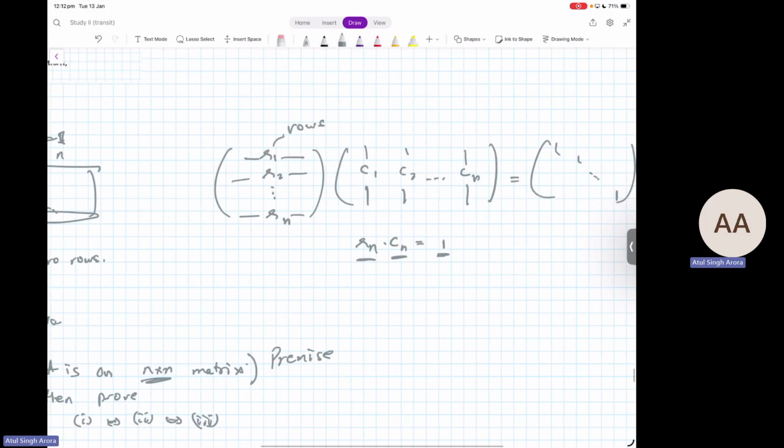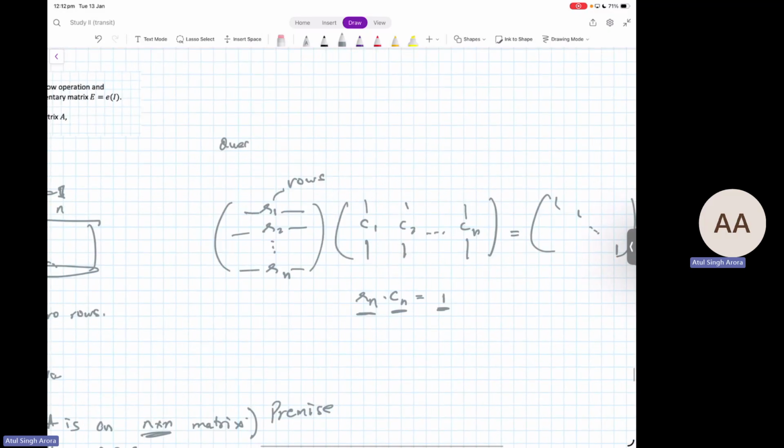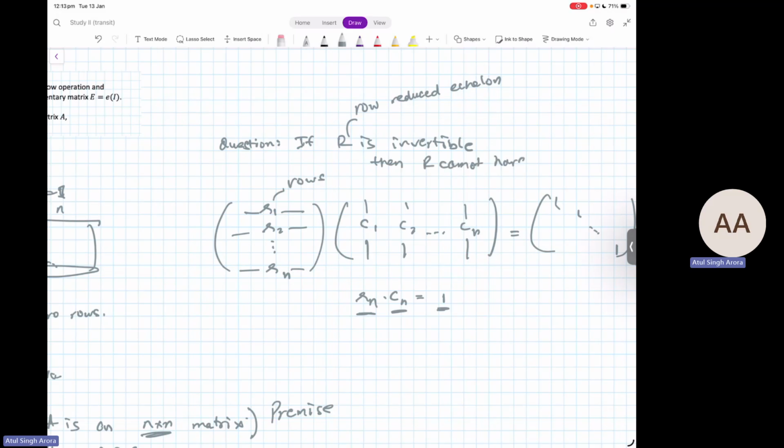So the question was, if R is invertible, where R was a row reduced echelon matrix, then R cannot have any all-zero rows.